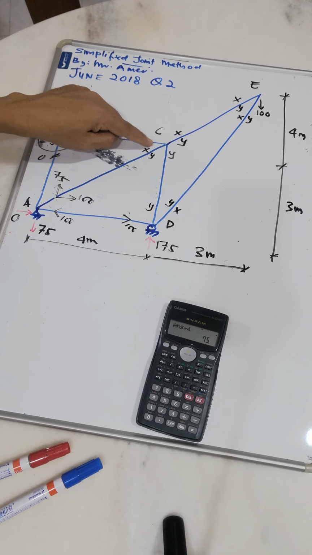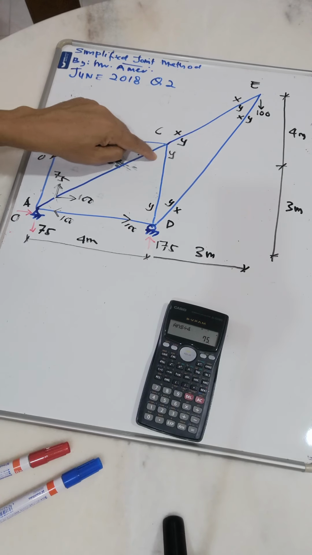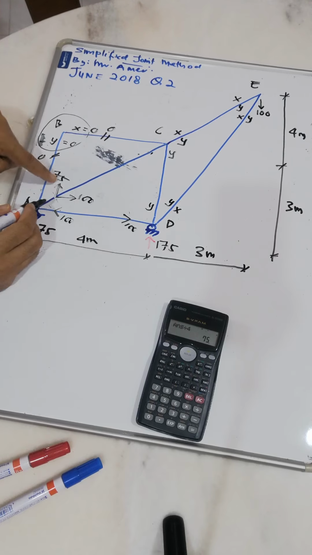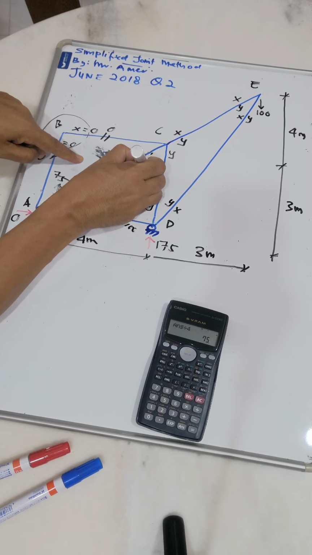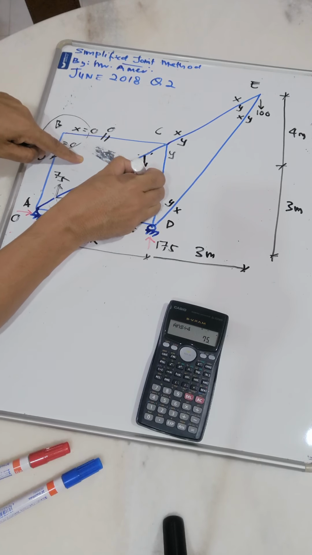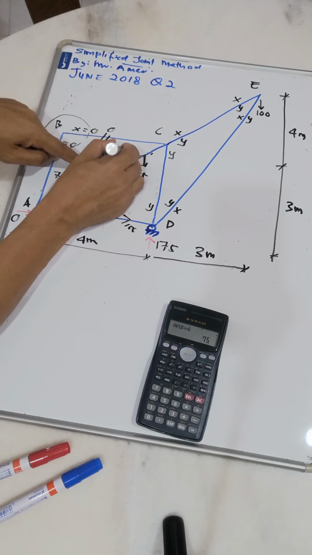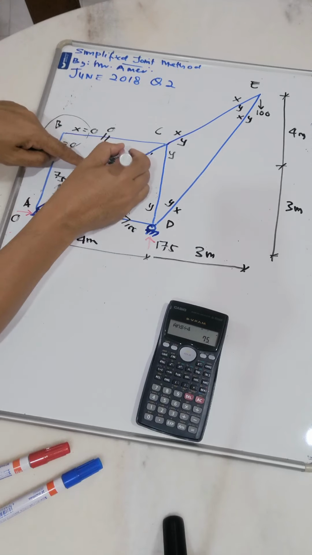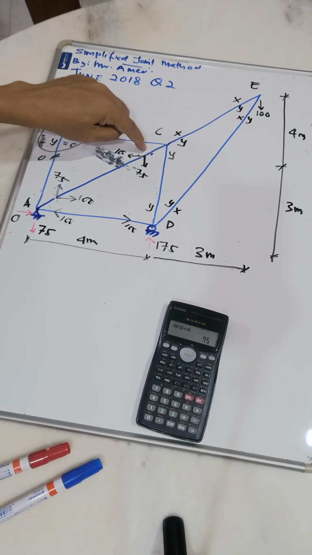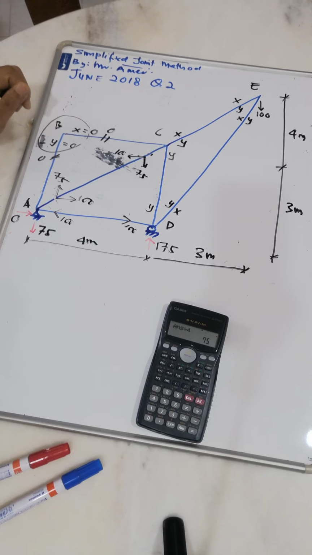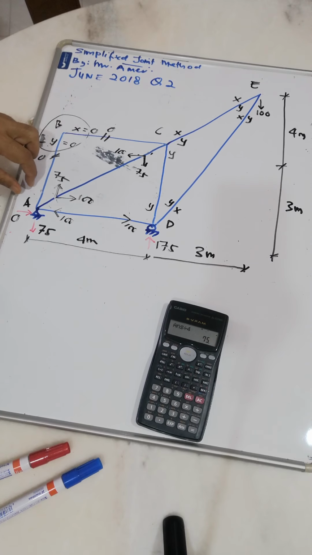You transfer here for X and Y. So 75 upward, 75 downward. To the right 100, to the left 100. It means you have determined the unknown X and Y here. Settle at B, settle at A.